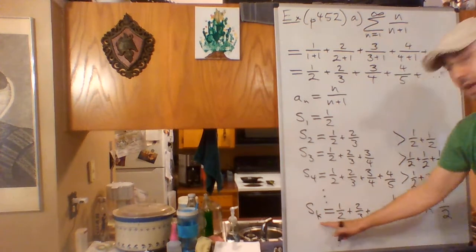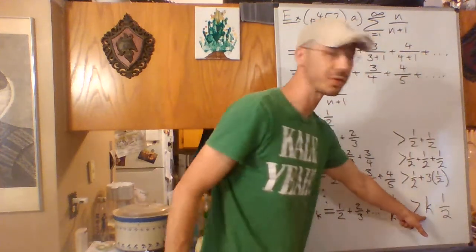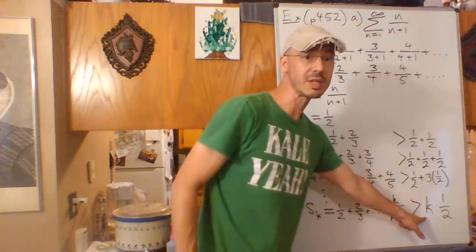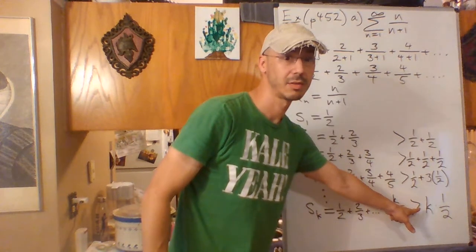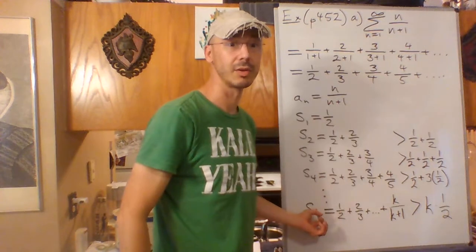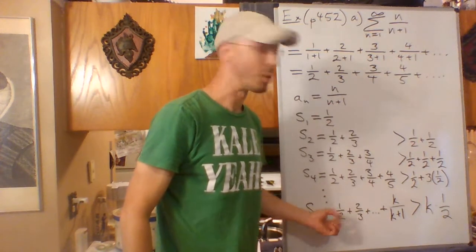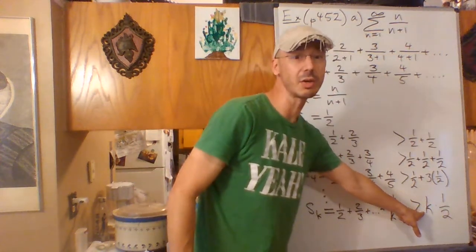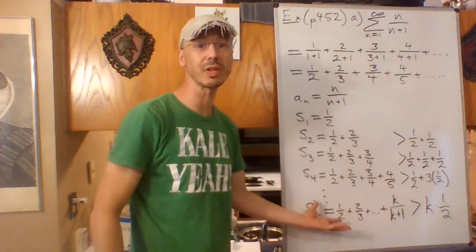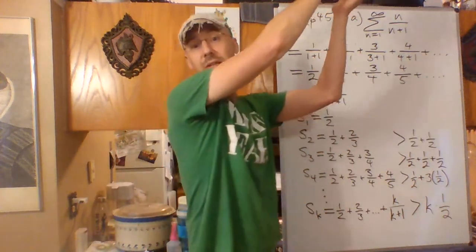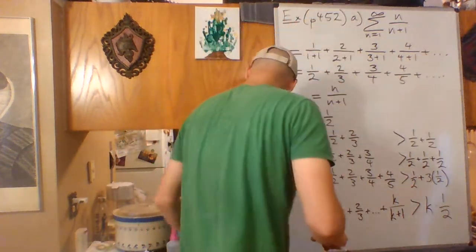And that's not a formula for my partial sum. What I'm saying is that my partial sum is greater than that. It's even bigger. But we're going to see in a moment that this goes to infinity, so something that's larger than it has to also go to infinity.